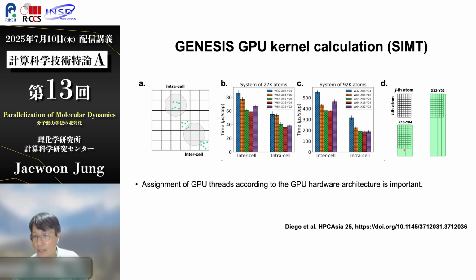But in this other block, some do not calculate. So in this sense, still, Genesis GPU parallelization is not perfect. But somehow, by efficiently controlling the size of each block, we can avoid this kind of situation where many threads are just idle and waiting for another thread.